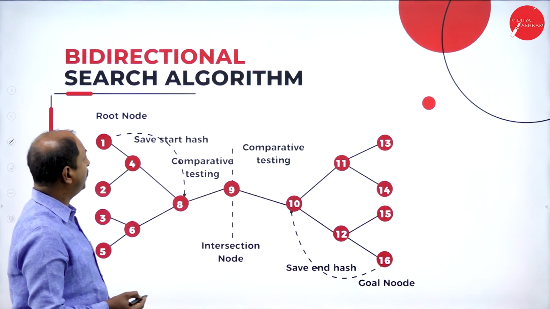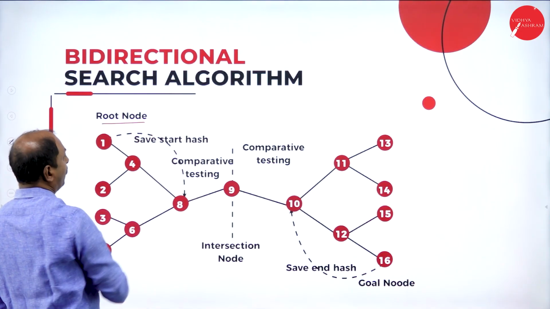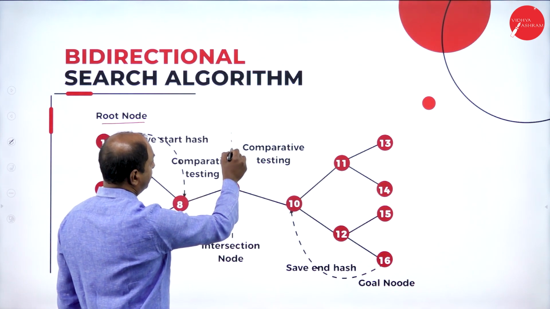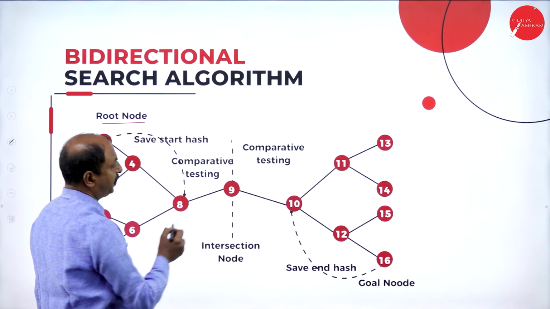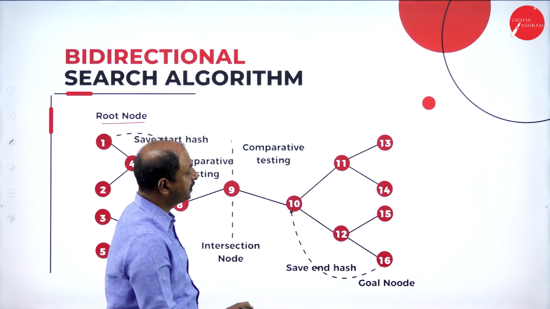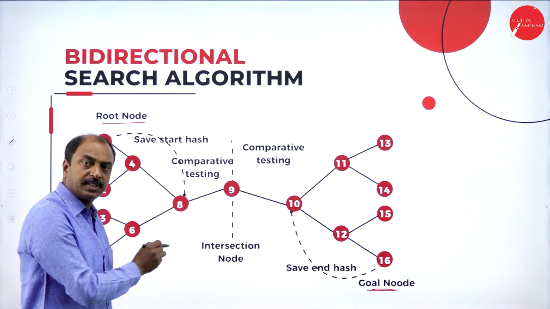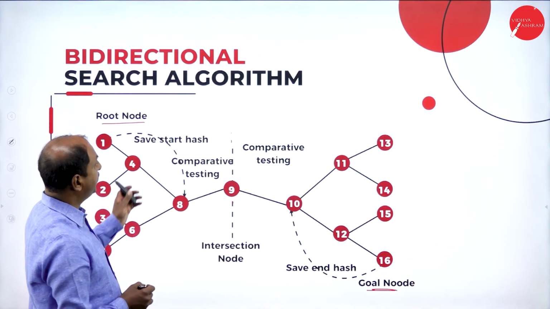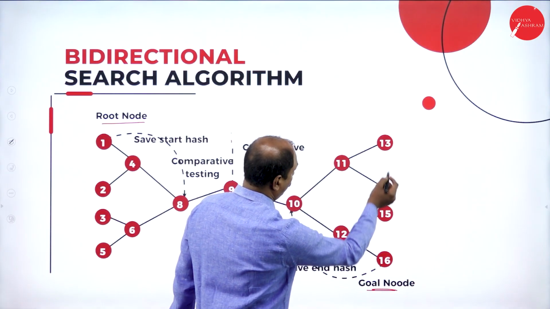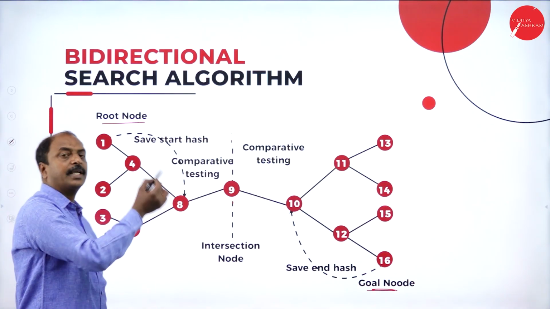This is the root node, the starting value, and node 9 is the intersection node, and this is the goal node. As you see in the diagram, the entire graph is divided into two subsets.